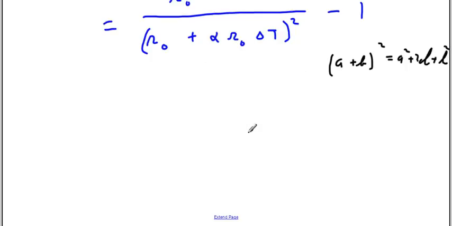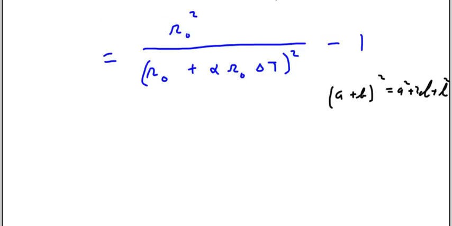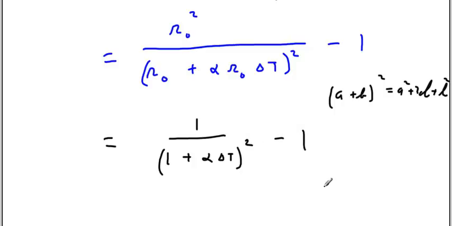But because we're physicists, we're going to say that the middle term 2ab isn't all that significant, and we can just ignore it in doing our calculation. And we can call this 1 over 1 plus alpha delta t quantity squared, minus 1. So we could do that.